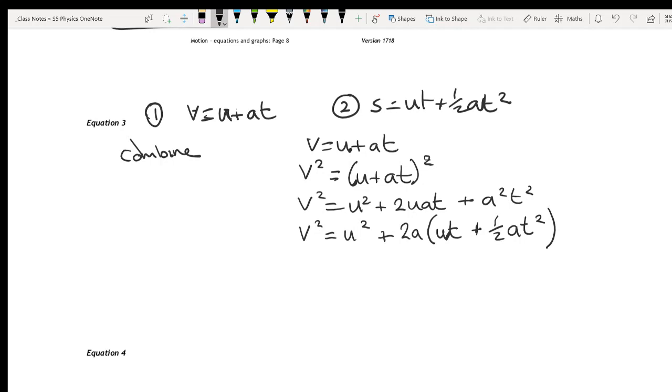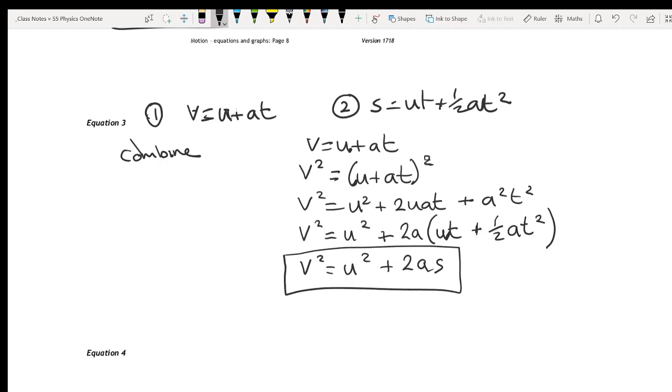Does that look familiar? Equation 2, ut plus half at squared. So v squared is u squared plus 2as. And that is our third equation.